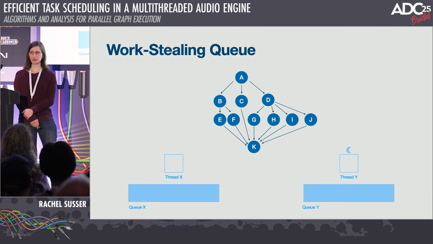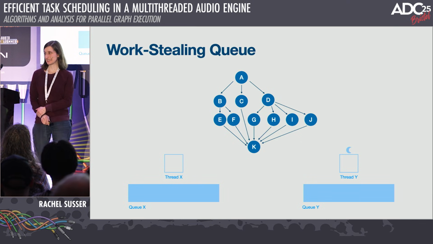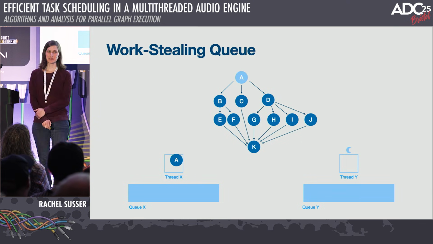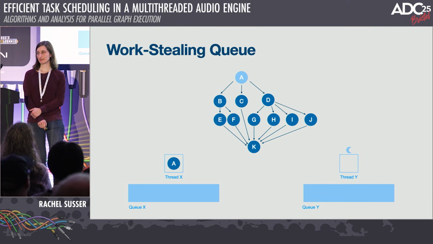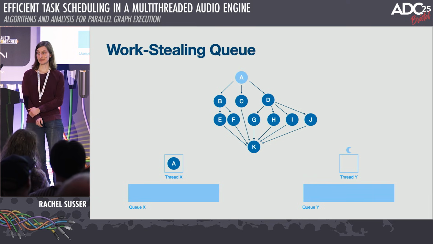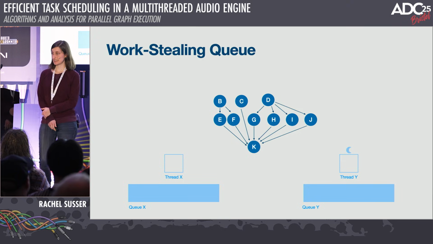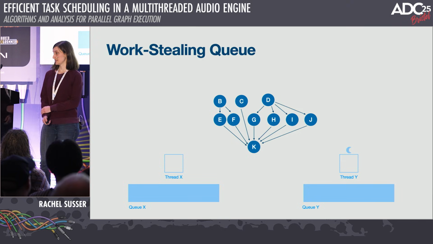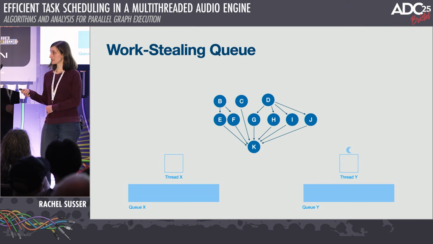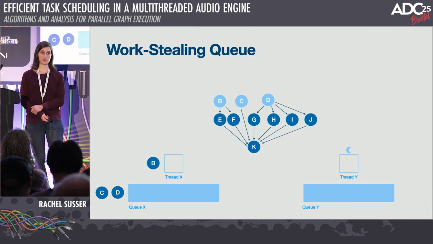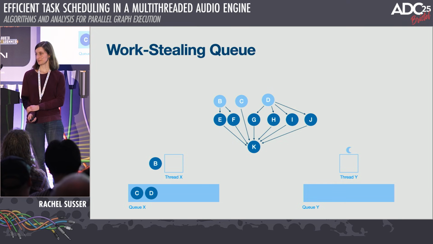To show what's so cool about work-stealing queues, I have to use a slightly more complicated example graph. Like before, thread X begins by executing task A. Once it's done, tasks B, C, and D are all ready to execute. The thread reserves task B and pushes C and D onto the queue that it owns.